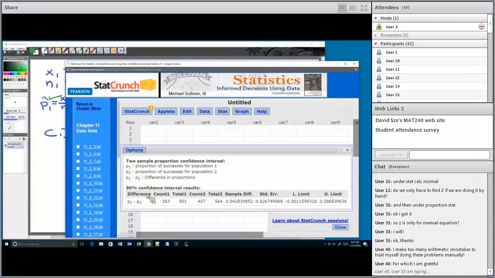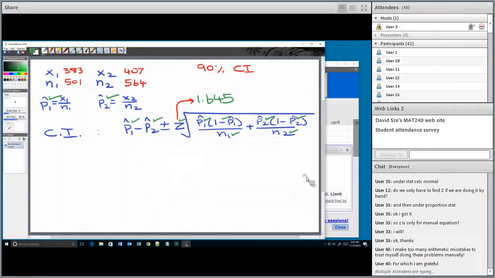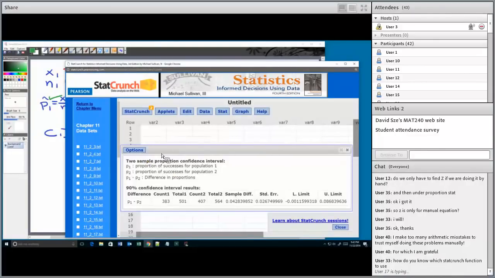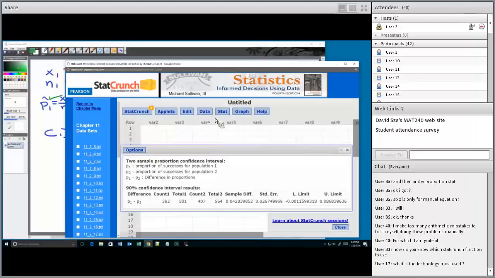But as students, if I just show you how to do it in StatCrunch, if I don't tell you the background and I just show you what to click to get to the answer, I think I will not be doing a good service. You will not appreciate what StatCrunch is actually doing in the background, right?